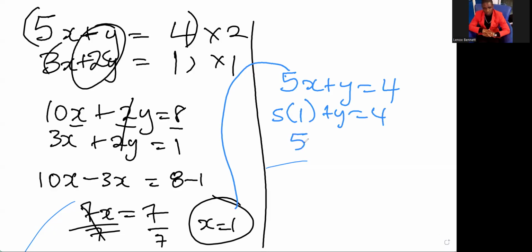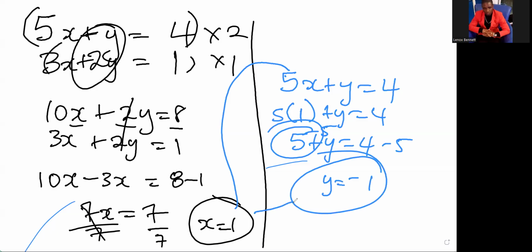So 5 times 1 is 5, plus y equals 4. So now we minus 5 from both sides. So y equals negative 1.